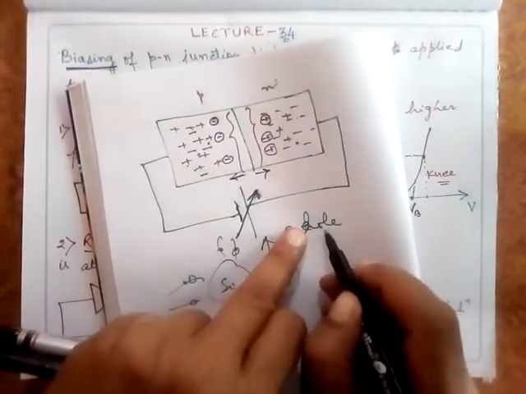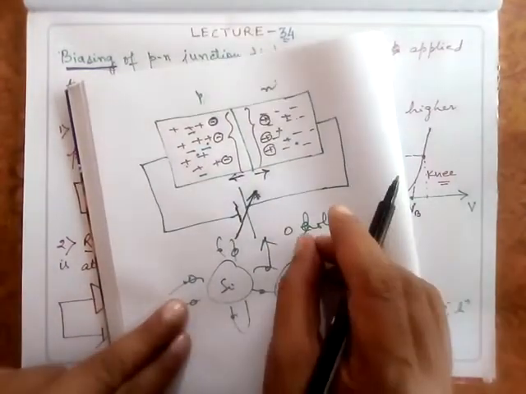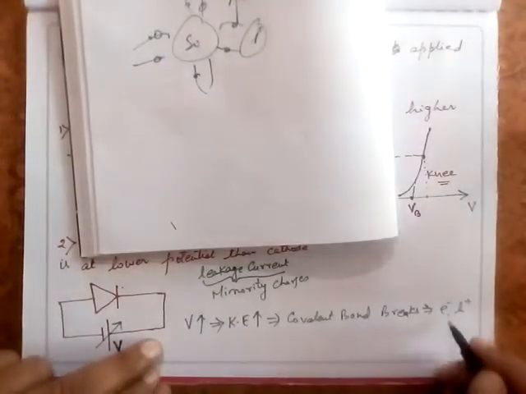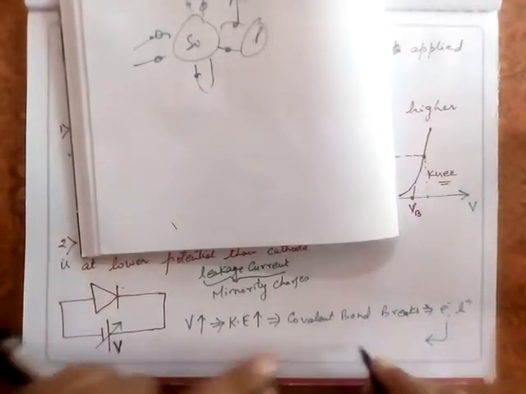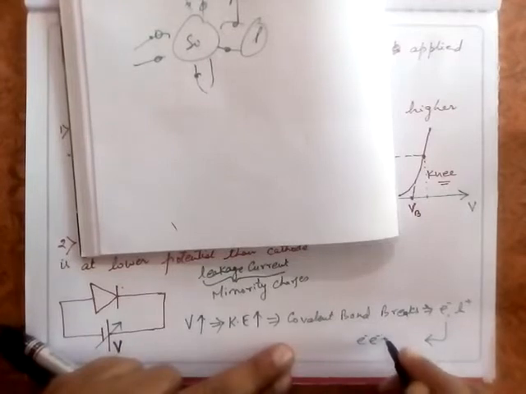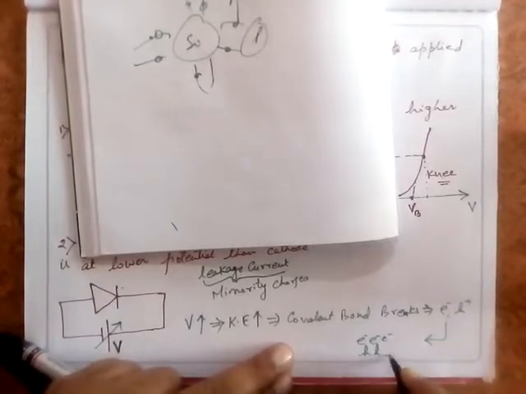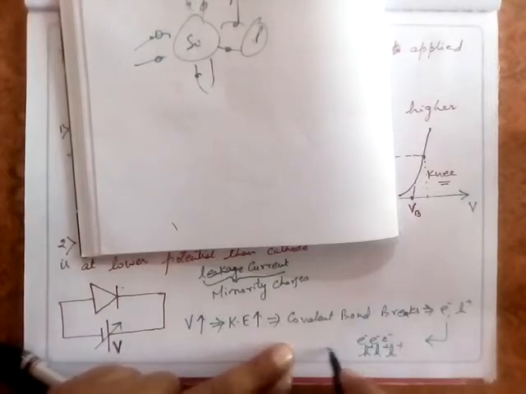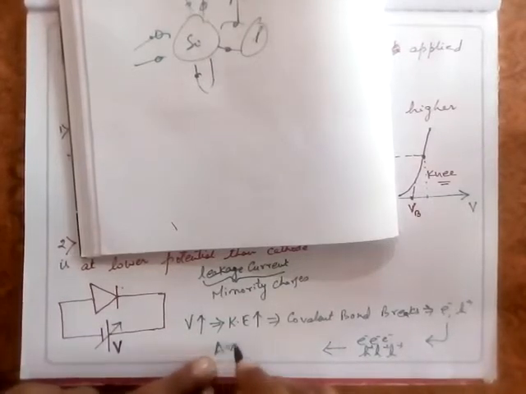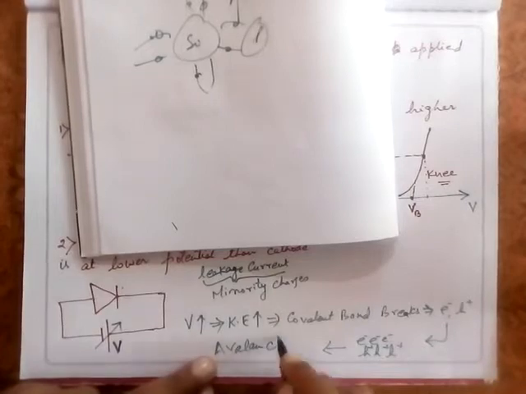Further, these electrons and holes will break another covalent bond, and further more electrons and holes are generated. A number of electrons and holes are generated, and this is called the avalanche of charge.